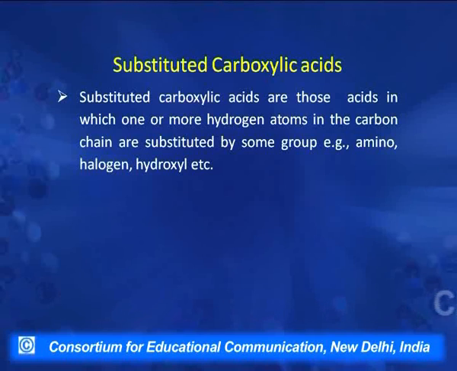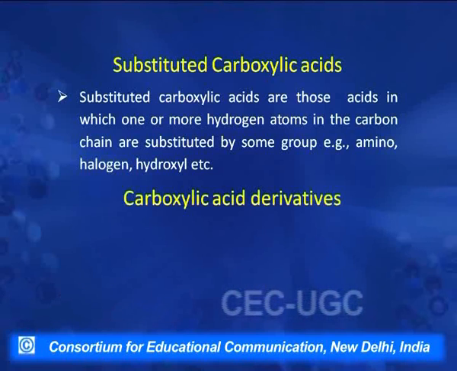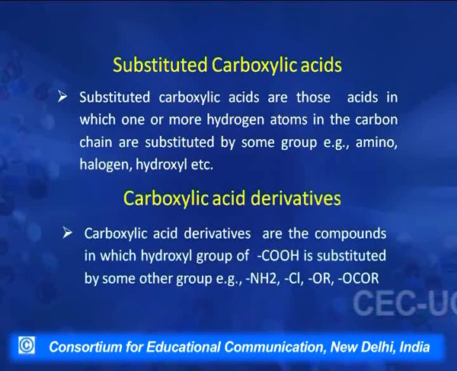So, we have divided these derivatives of carboxylic acid into 2 different groups arbitrarily. We call substituted carboxylic acids those acids which have a substituent in the side chain, where hydrogen of the side chain has been replaced by some group like amino, halogen, hydroxyl, etc. And those compounds in which the OH group of the carboxylic group is substituted, we call carboxylic acid derivatives.